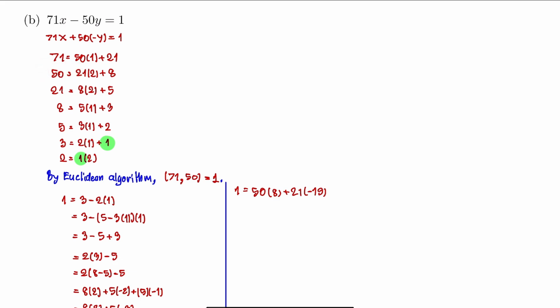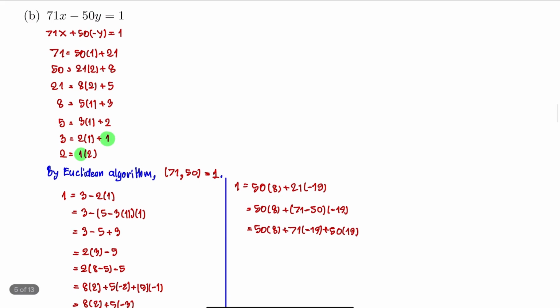So we're going to have 50 times 8, and 21 is now 71 minus 50, times minus 19. And we distribute number 19. Then we're going to have 50 times 8 plus 71 times minus 19 plus 50 times 19.